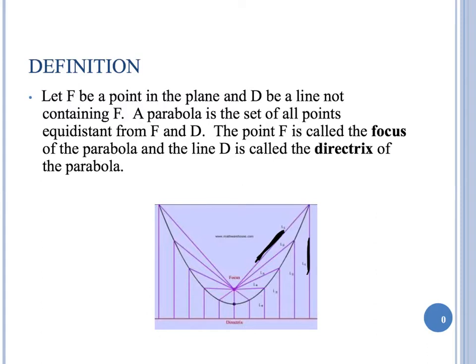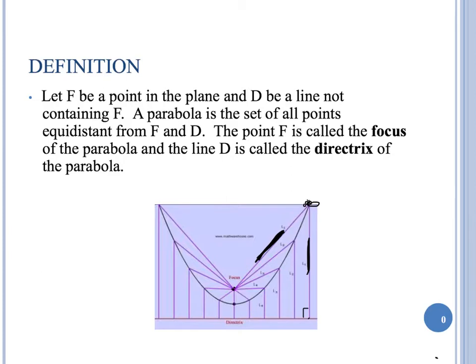And if we notice down at the bottom, we have a 90-degree angle. So from our focus, the distance from our focus to the parabola up here, that distance from the focus to the parabola, and then from the parabola down to the directrix is the same.